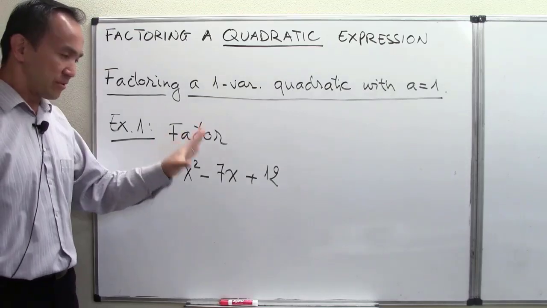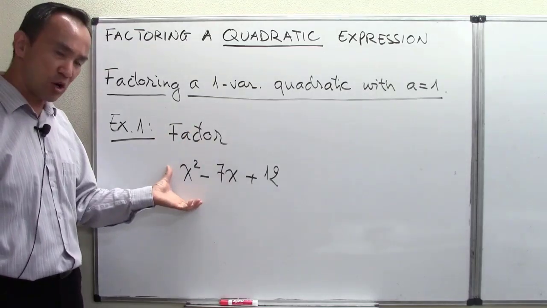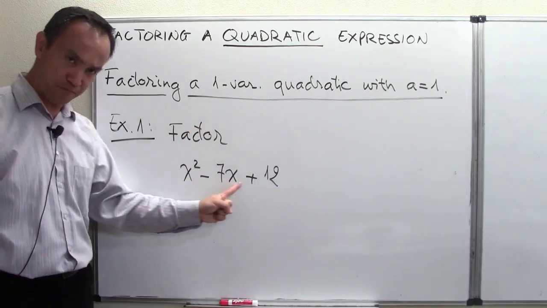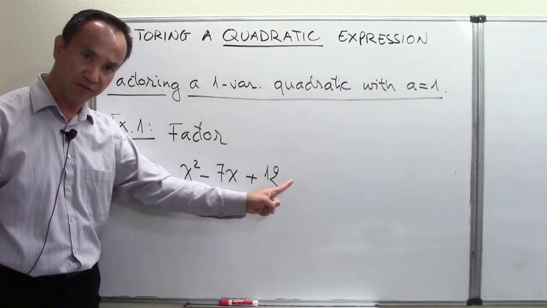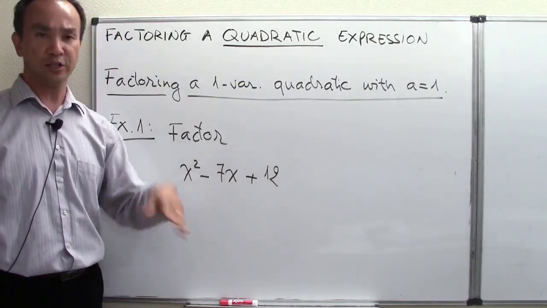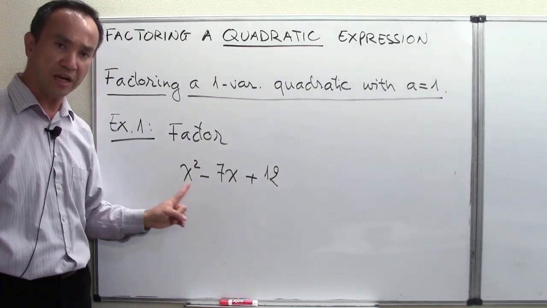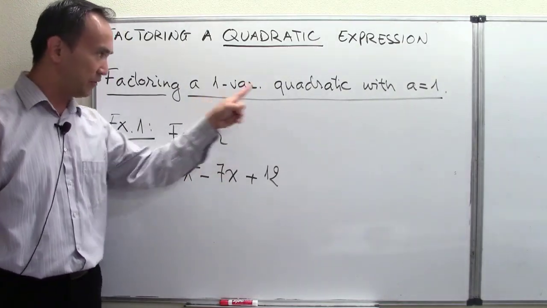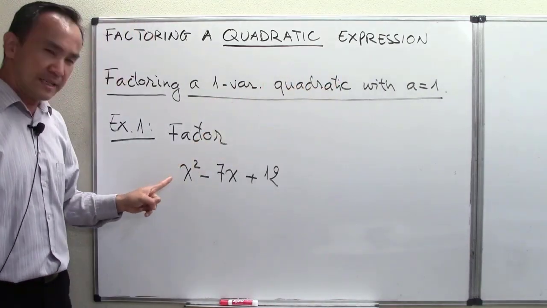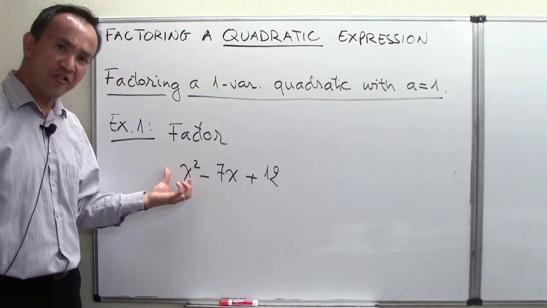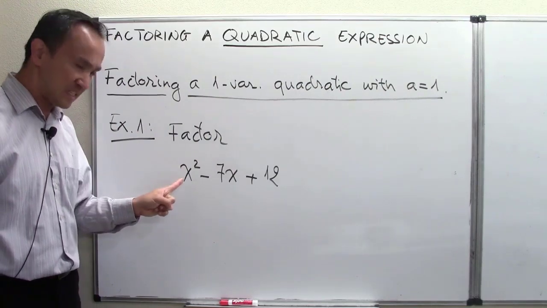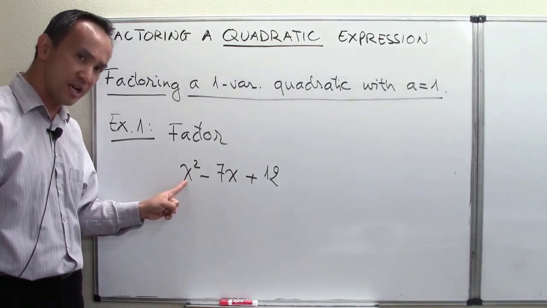This quadratic expression is regarded as one variable. Clearly there's only one variable involved, the x. There's no y, no u, no n additionally involved. That's why it's a one variable quadratic. Now, the leading coefficient, the coefficient that goes with the square term, is 1.